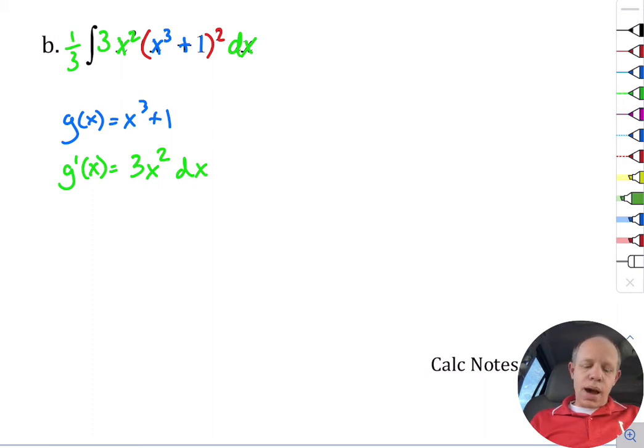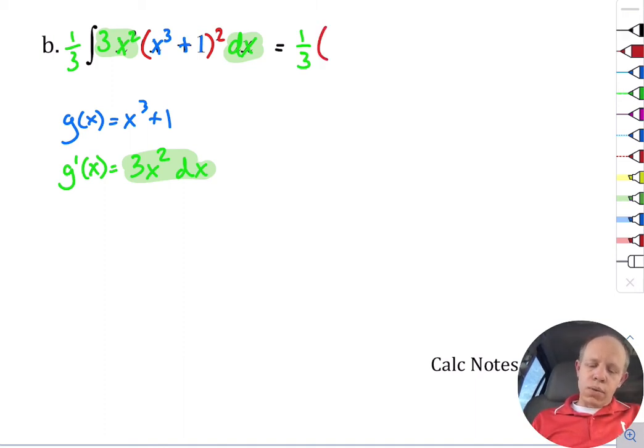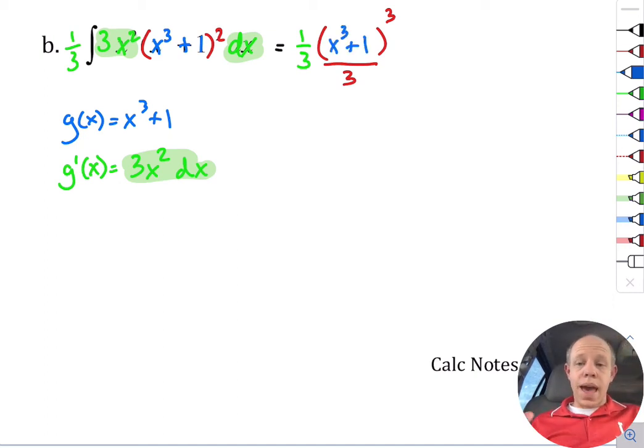All right, now we have the entire derivative of the inner function represented. And when we go to solve this, we have that constant multiple, the 1/3, which balanced everything. And now we're going to raise the outer function by 1 and divide by the new exponent. We're going to keep the inner function the same, and that already has the part that has the g prime of x for us when we take that derivative.